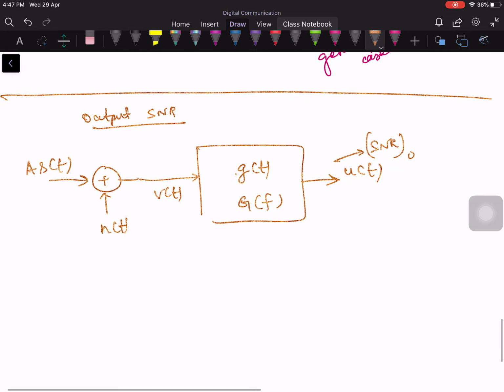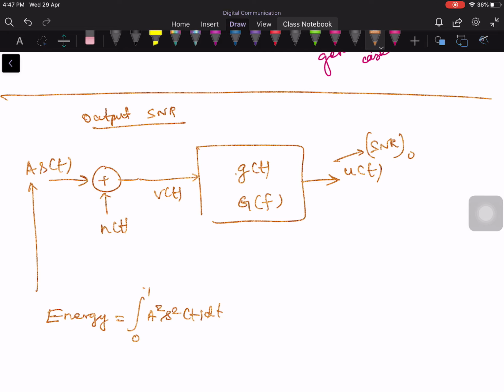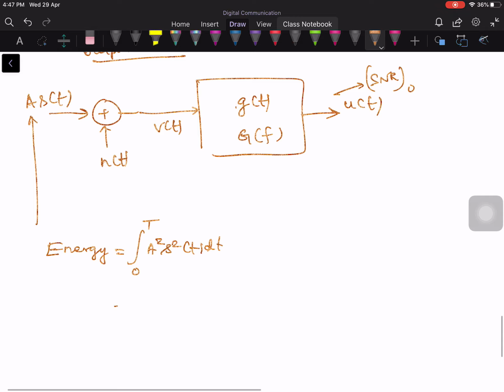Now let us assume this A times s of t is a unit energy pulse. That means if we find the energy, it equals the integral of A squared times s squared of t dt, from 0 to T. Let me denote this by E sub p, which is, you take A squared outside, the integral from 0 to T of s squared of t dt, and let us assume this is unit energy.